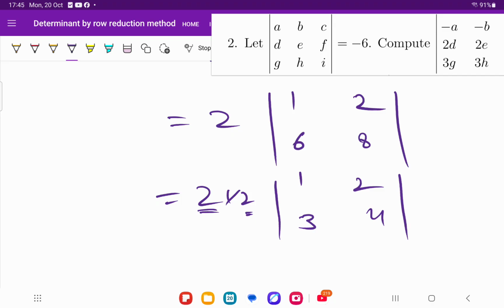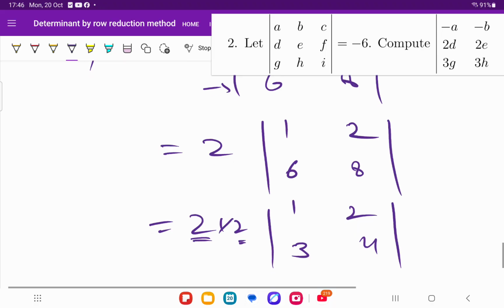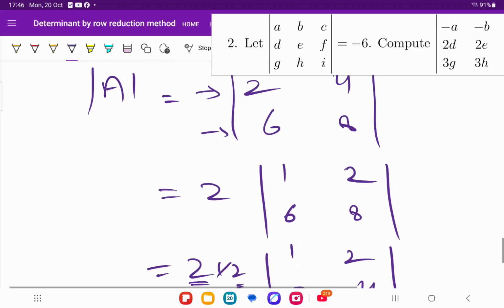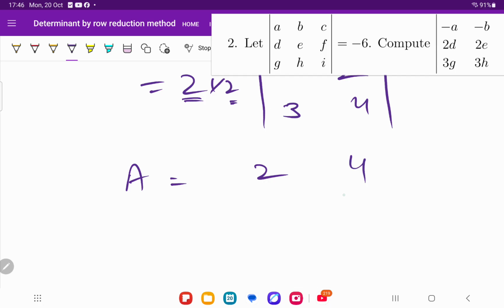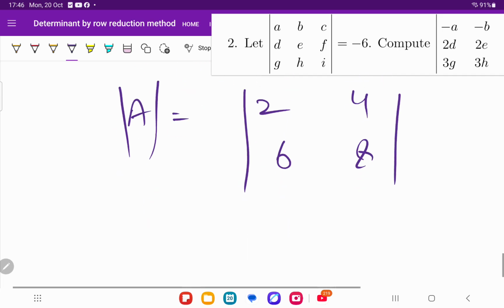And you could not only take the common factor from the rows, you could take out the common factor from the column as well. For example, you have been given this matrix A equal to 2, 4, 6, 8 in the form of a determinant, and my objective is to take common from the column. This is column 1, this is column 2.